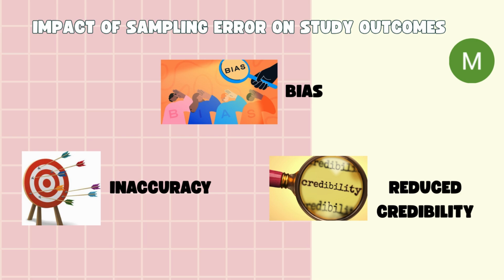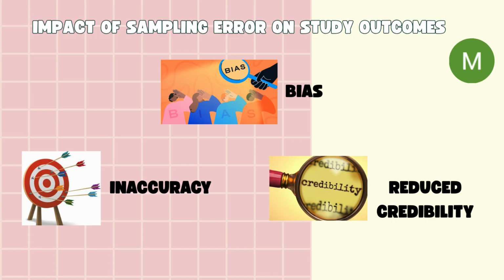This can happen when there are systematic errors in the sampling process, leading to overrepresentation or underrepresentation of a certain group within the sample. Okay, so that means we will be having inaccurate results because it's not equal. You're either above, which is over representing, or you're under representing, and that will make the sample inaccurate, right?